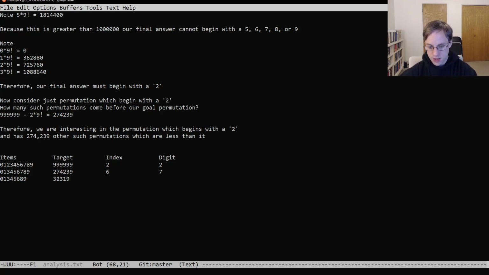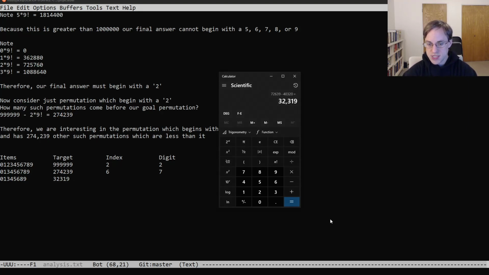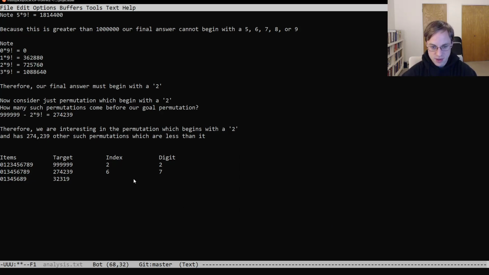Okay, and continuing, we were subtracting multiples of 8 factorial, so now we're on to multiples of 7 factorial. So that's 1, 2, 3, 4, 5, 6. Again, our index is 6.